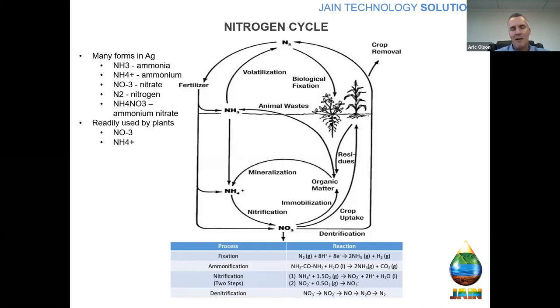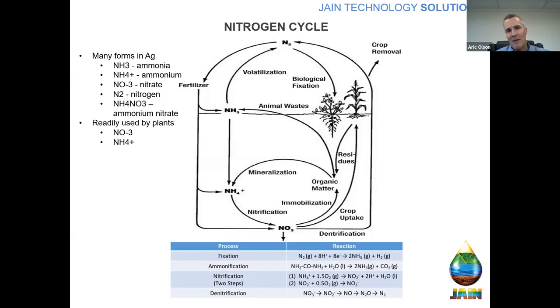The main form of nitrogen used by plants is nitrate, and that's NO3. If you can't get the nitrogen into NO3 form, or sometimes NH4, that's ammonium, the crop can't utilize the nitrogen, and whatever nitrogen you put down does not get utilized.